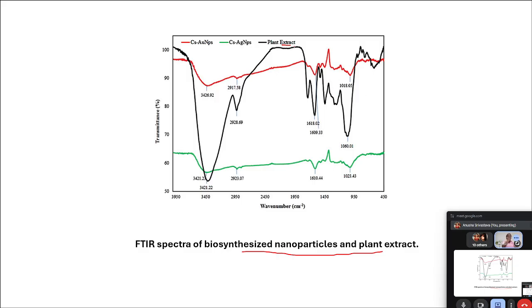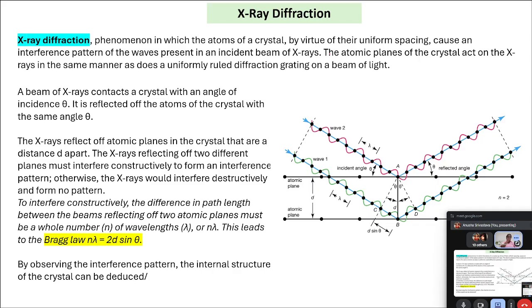Now, when this particular plant extract has been used for synthesis of nanoparticles, you can see this green one is CS Ag nanoparticles, and this red one is CS gold nanoparticles. So they are different. There are changes in the peak intensity and some minute shifts in the peak positions as well.